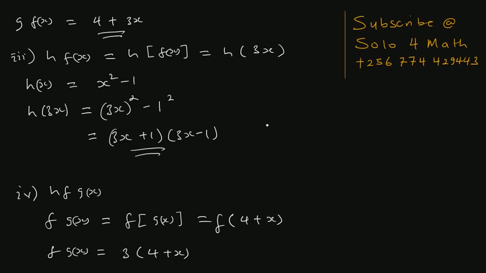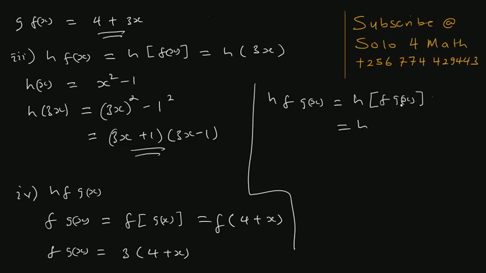When we have that function, we take it now to this. So we have h of f of g(x), the same as h of a function of f of g(x), but we know what this is. It is 3 into 4 plus x.